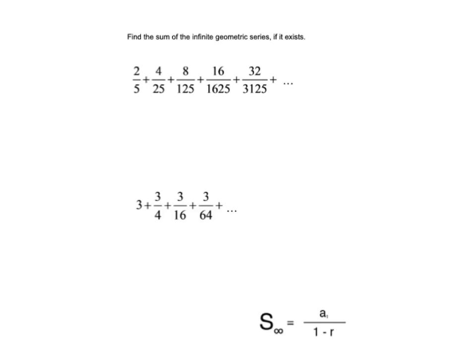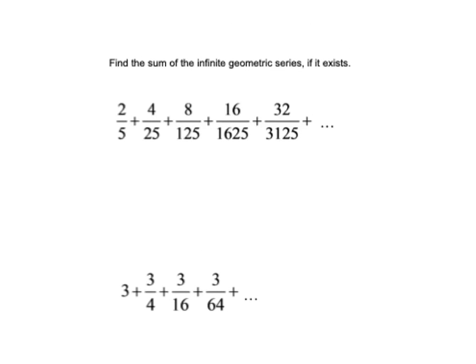Okay, so let's take a look and do a couple more here. This is just an infinite geometric series. We know it's infinite because it has the dot, dot, dot at the end. We know that a sub 1 equals 2/5 because that's our first term. Our ratio, we can look at this logically. Our numerator is going times 2 every time, and our denominator is going times 5 every time.